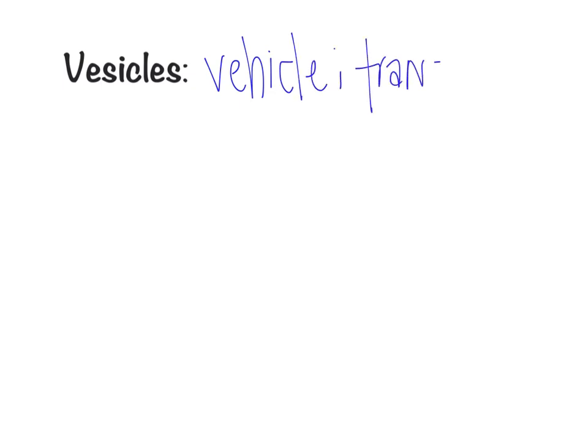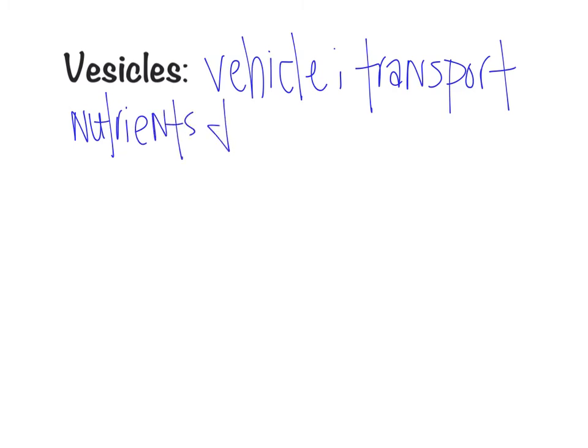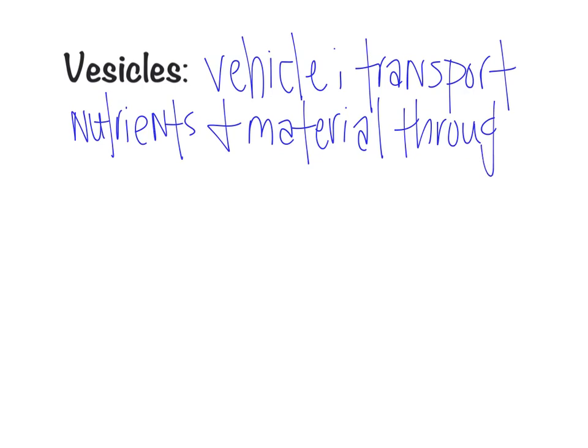The last organelle for this video is a vesicle. A good way to remember this is to think of it like a vehicle. Its main job is to transport nutrients and materials throughout the cell. So it moves through all that cytoplasm and will transport things throughout the cell.